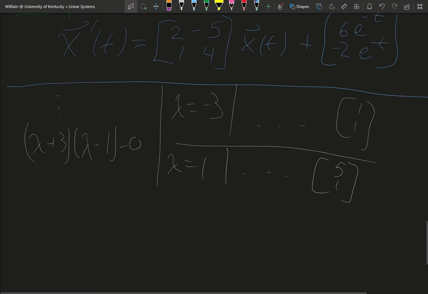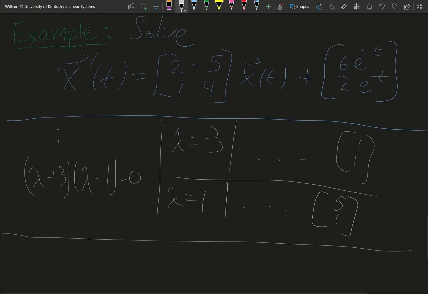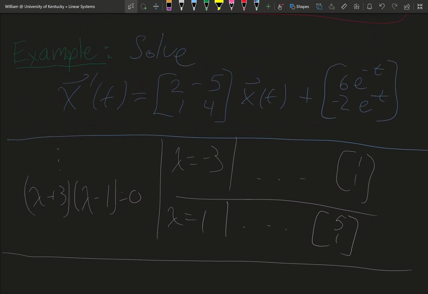Okay. So now the only problem is we have a 6, -2. Maybe we could pull out a -2, get a 3, 1. The problem is that's neither of our eigenvectors.